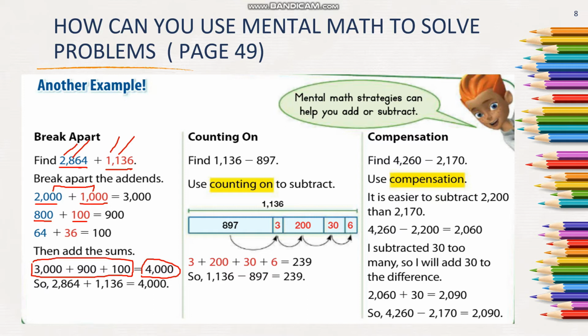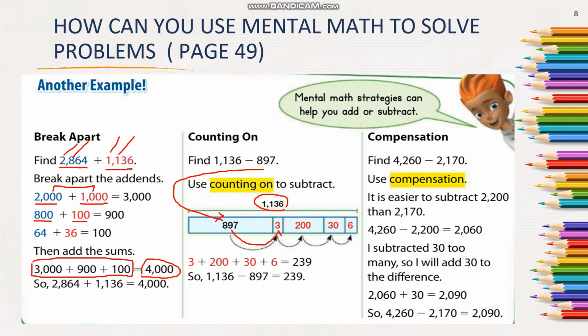Counting on. When we say counting on, it means you use counting on to subtract. For example, I have 1,136 minus 897. I'll just copy the subtrahend, then I will add numbers until I reach 1,136. So here I have 897. I will add 3 to make it 900.